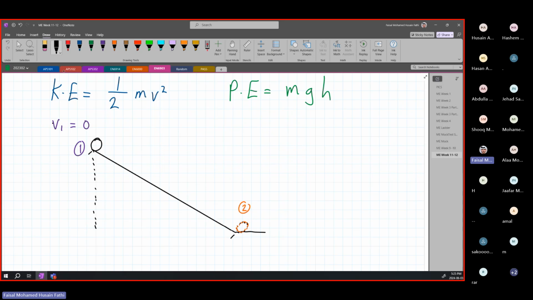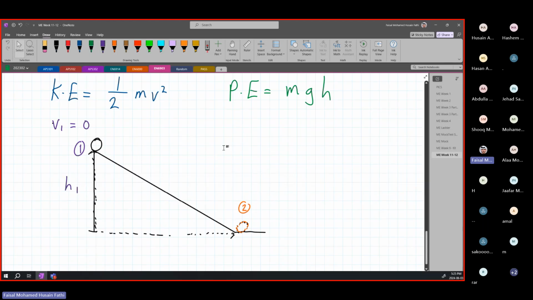Obviously, there has to be a height for this ball to move all the way down. Let's call this height h, or we can call it h1. So we have a specific height h1, whatever the value of it is. This is the height of the ball at point 1.